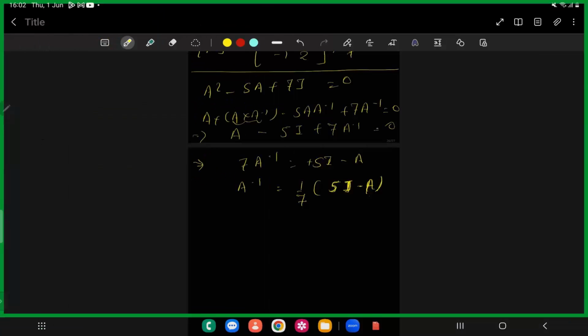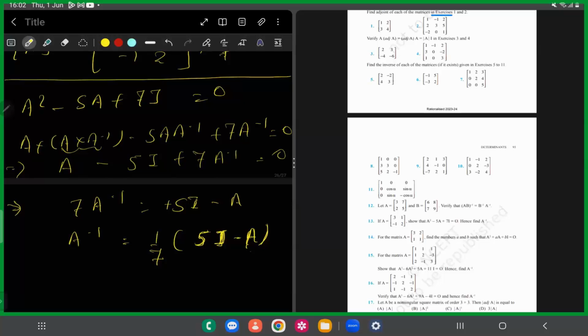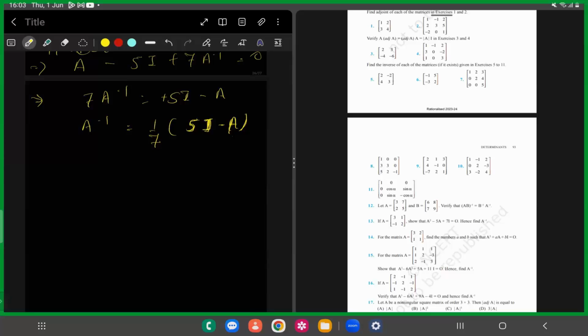Okay, so I'll continue from whatever we had left before. We derived that A inverse is equal to 1 by 7 times 5I minus A. If we quickly put in the values, A inverse is basically 1 by 7 times the matrix 5, 0, 0, 5 minus our A matrix, which is 3, 1, minus 1, 2.